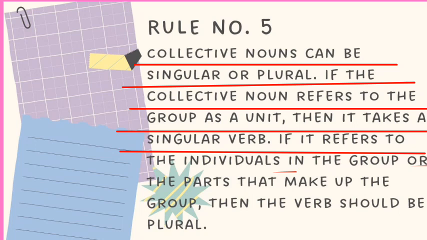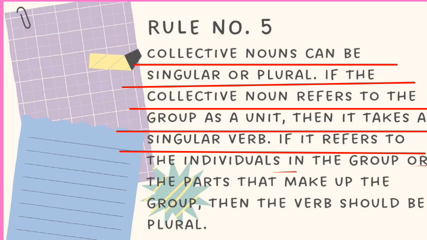So if the context of the sentence makes you visualize the group doing something together as one unit, then the noun is singular and takes a singular verb. So what are the examples of collective nouns that require singular verbs? These are team, company, city, state, government, and store.